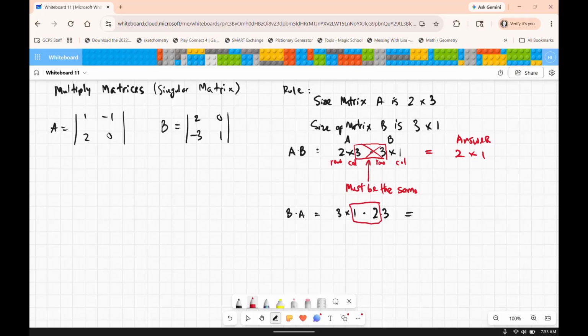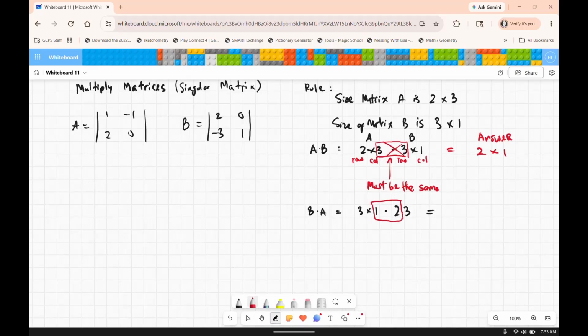They're not matching, so you cannot multiply. It's very important that you get these concepts.